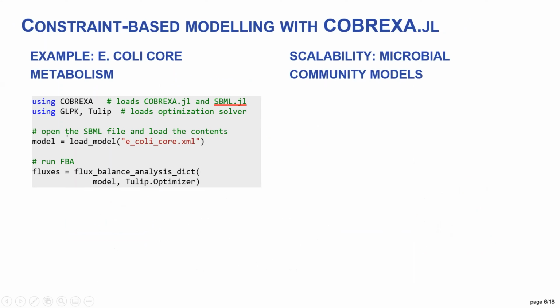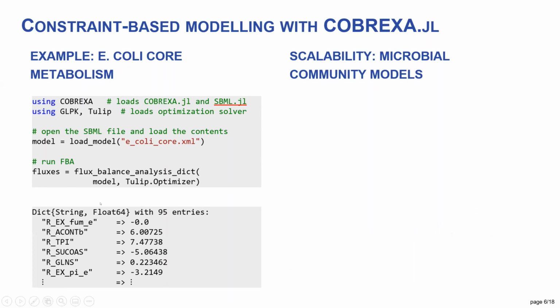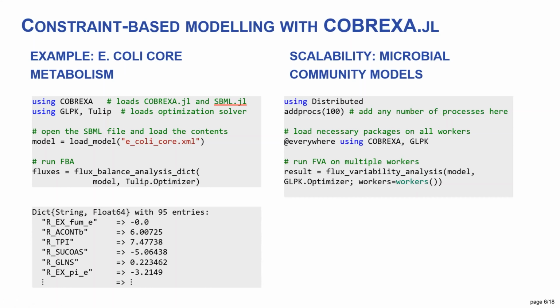What we can see here on the left side is that it just takes one line of code to import an SBML model, and then another line of code to perform flux balance analysis, and you get all your fluxes. But like I said earlier, what Julia does well is that it scales well to use multiple workers.